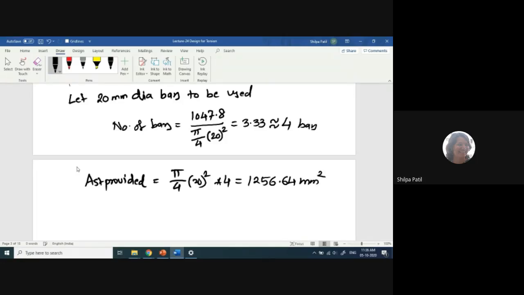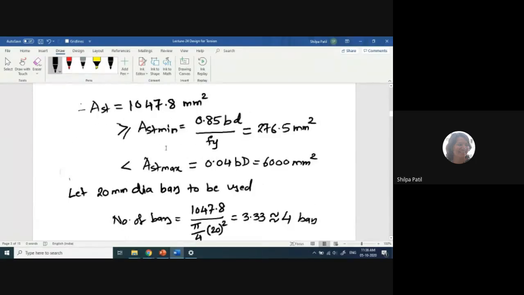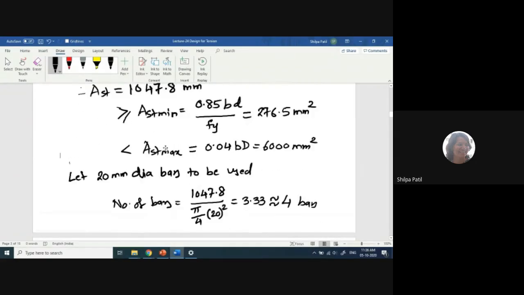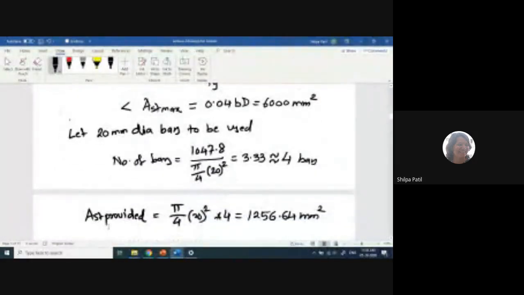And what is the required one? It is just 1047. See, practically when we calculate the number of bars as 4 bars and do the calculation for AST provided, whatever is the AST provided, we are providing it. For design purpose, for exam purpose, this is okay.